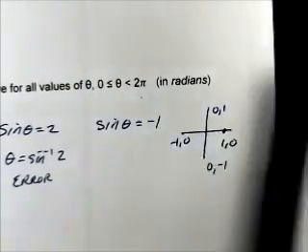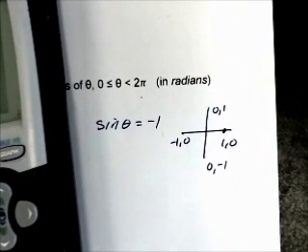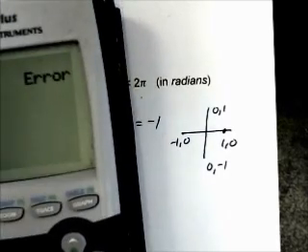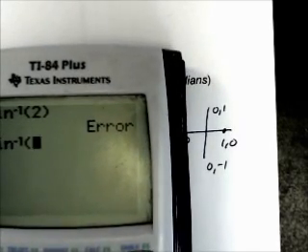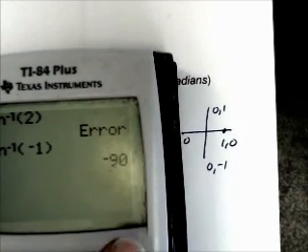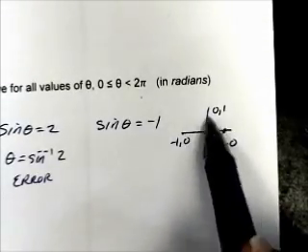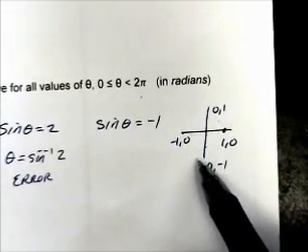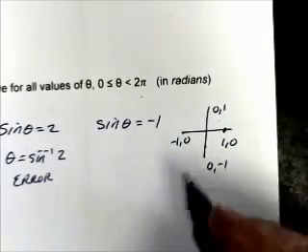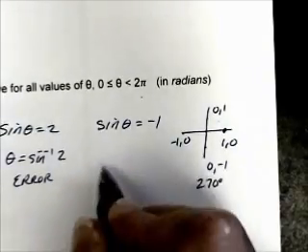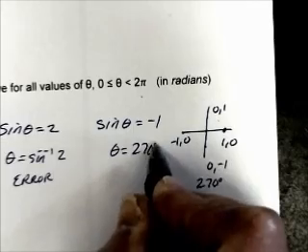If I key it into the calculator, second sine of -1, it gives me -90, which is equivalent to an angle of 270 degrees. So theta is equal to 270 degrees.